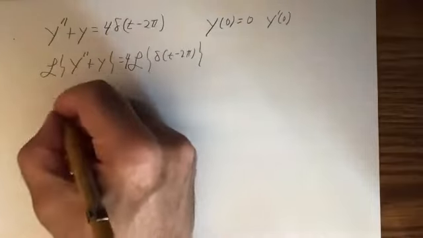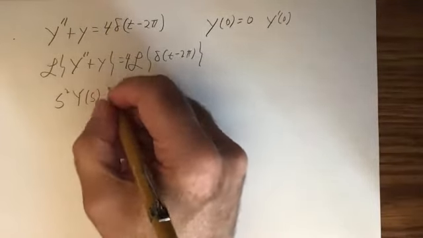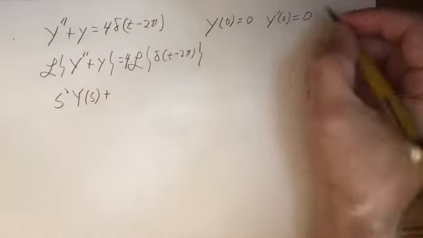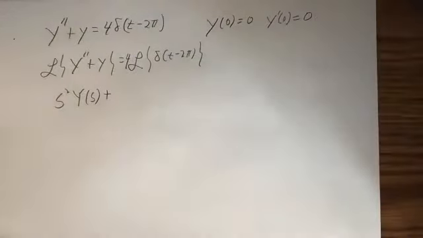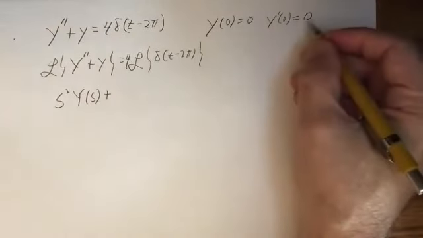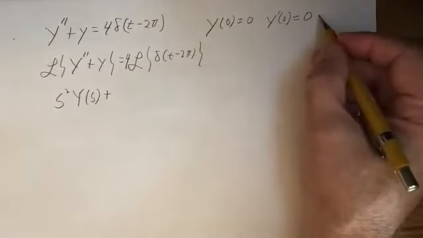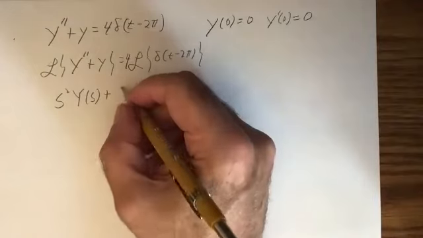So this is just going to be s squared big Y of s, and these two are both 0 too. By the way, I forgot that one of the initial conditions was 0 on problem number 4. There was a typing error. It didn't have the 0. This was 0, and I think this was 1. I think everybody knows what I'm talking about.